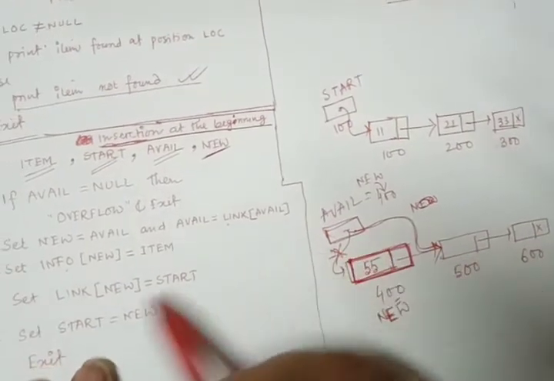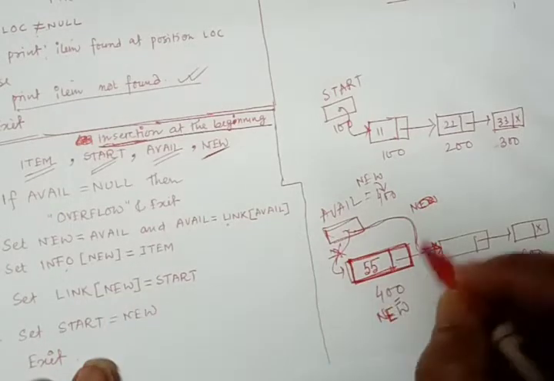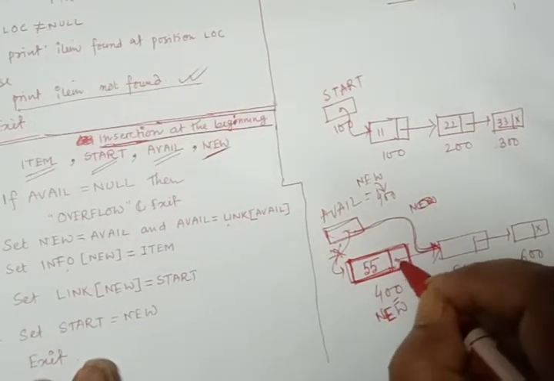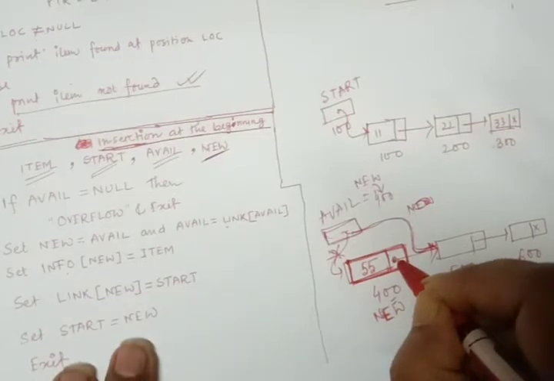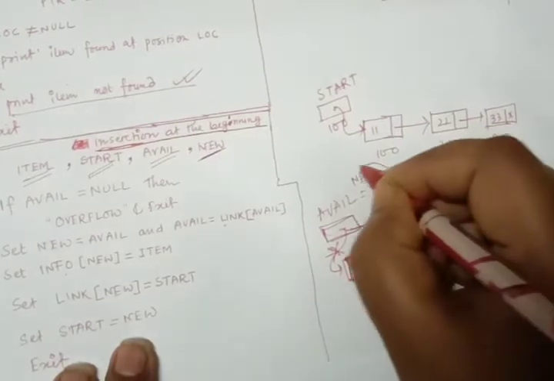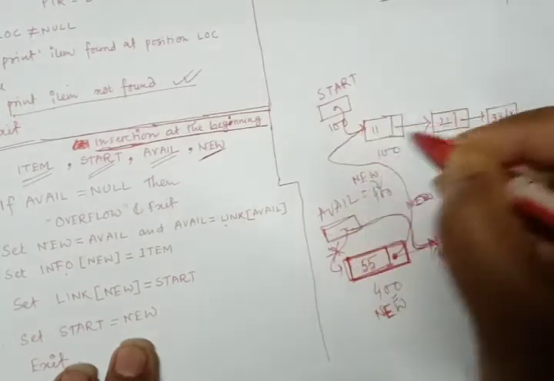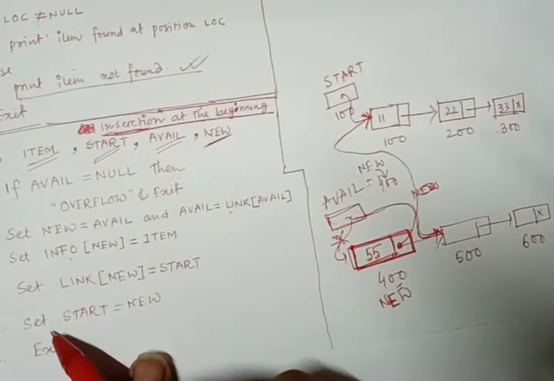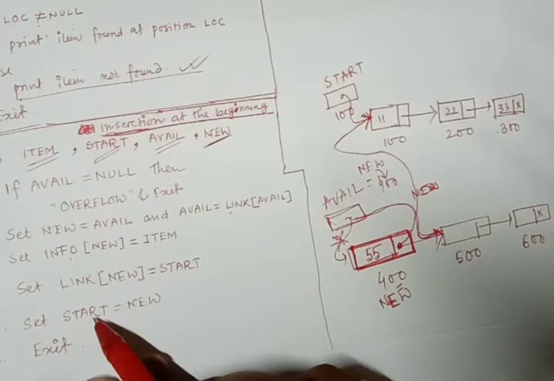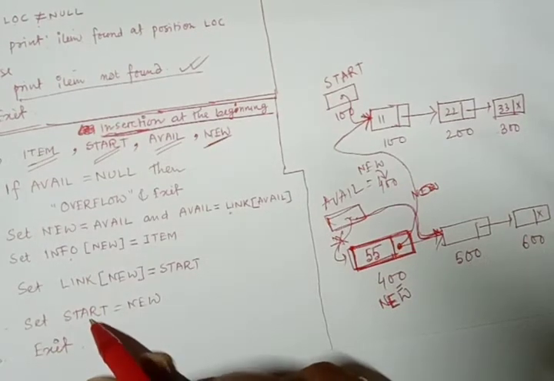Okay, then set link of new, and here you see that link of new is this part. So set link of new equal to start, so it will assign here, and we have to set the value of start now. So set start equal to new.